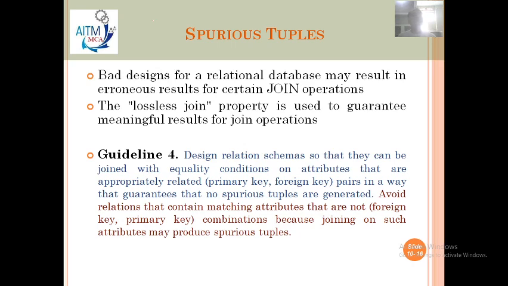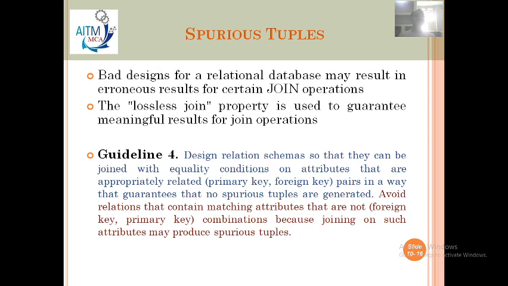Like you take the proper primary key and foreign keys, which make a pair in a way that guarantees no spurious tuples are generated. Better you take a proper foreign key and primary key. You combine them. You apply the equality condition. Then it will not generate spurious tuples.